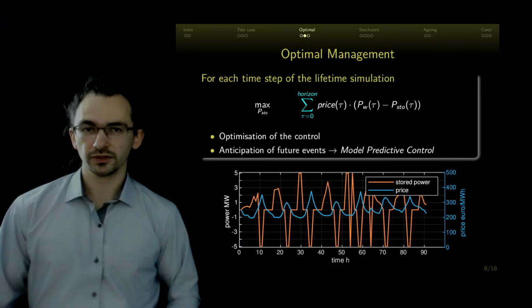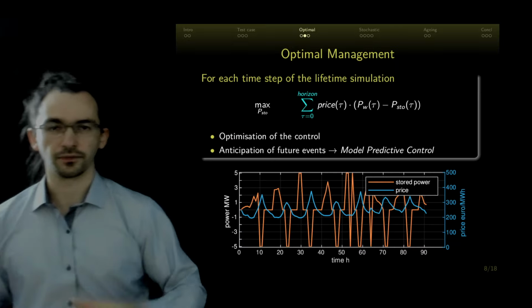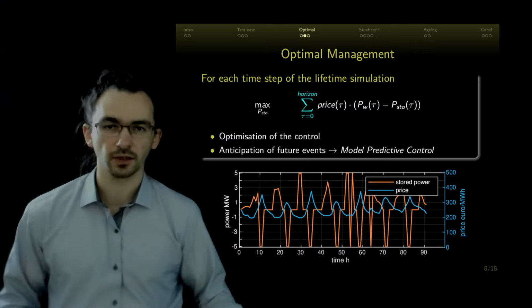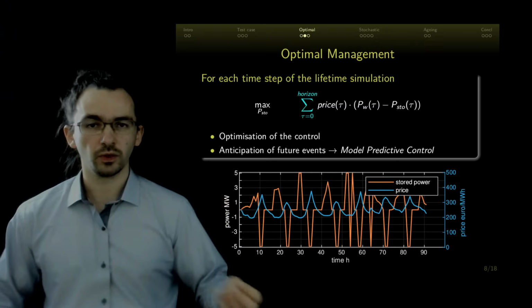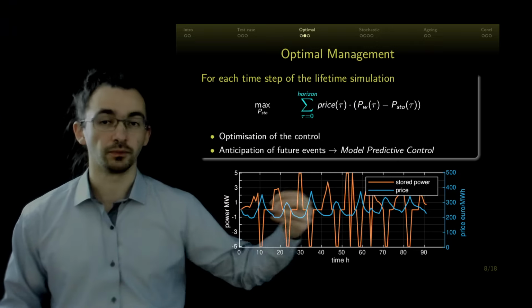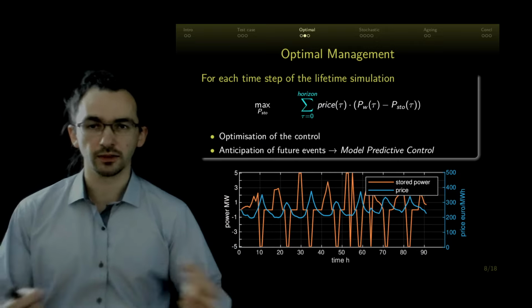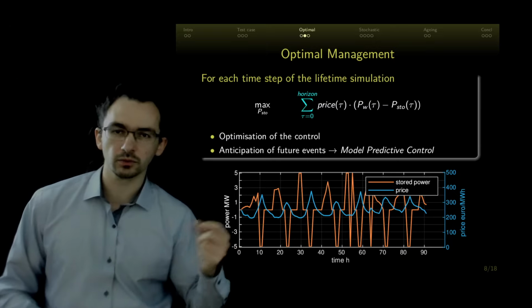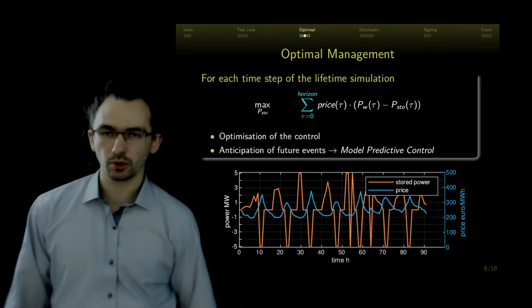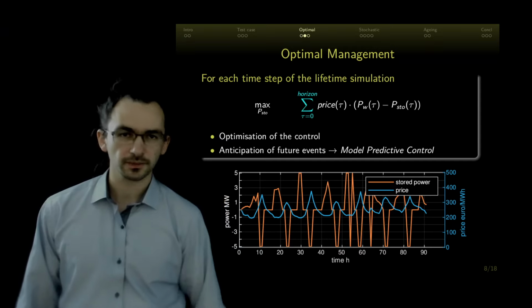And if I do such a thing, then I could have the following illustration as an example. So we have a few days, and at each day we have the fluctuations of the price, which is in blue, and we can note that there is a daily pattern with higher prices and lower prices during the night, for instance.